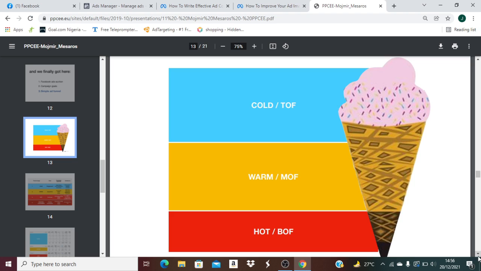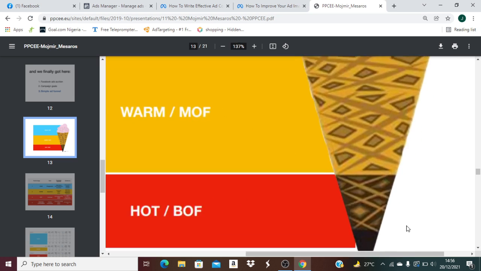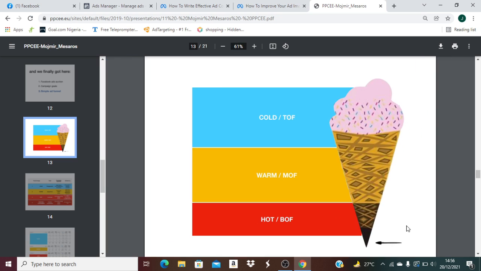Just know that the top of a funnel is the widest and the down part of the funnel is the smallest. And why they call it a sales funnel is because in the beginning you show everybody the advert, but the people that are going to take action are going to be few. So as you can see, the down part shows the people that have taken action.